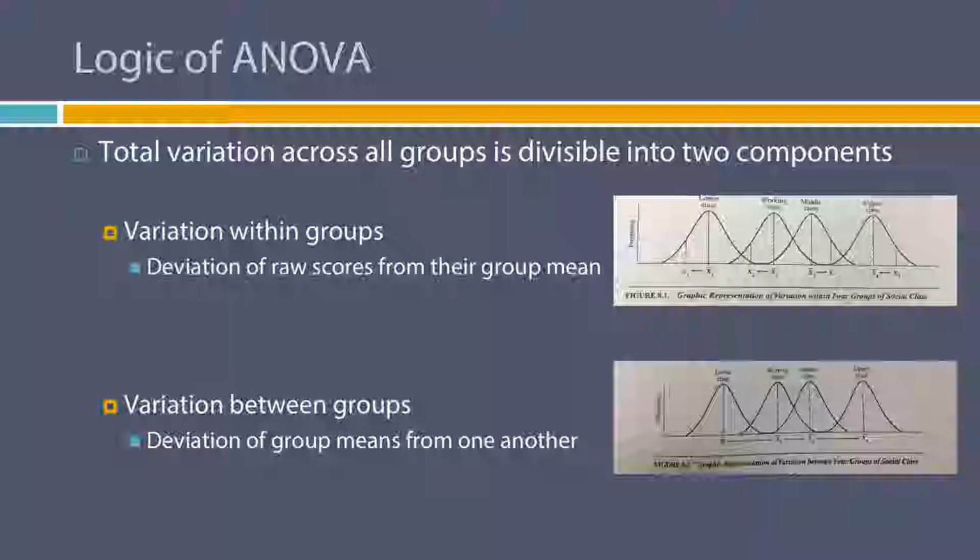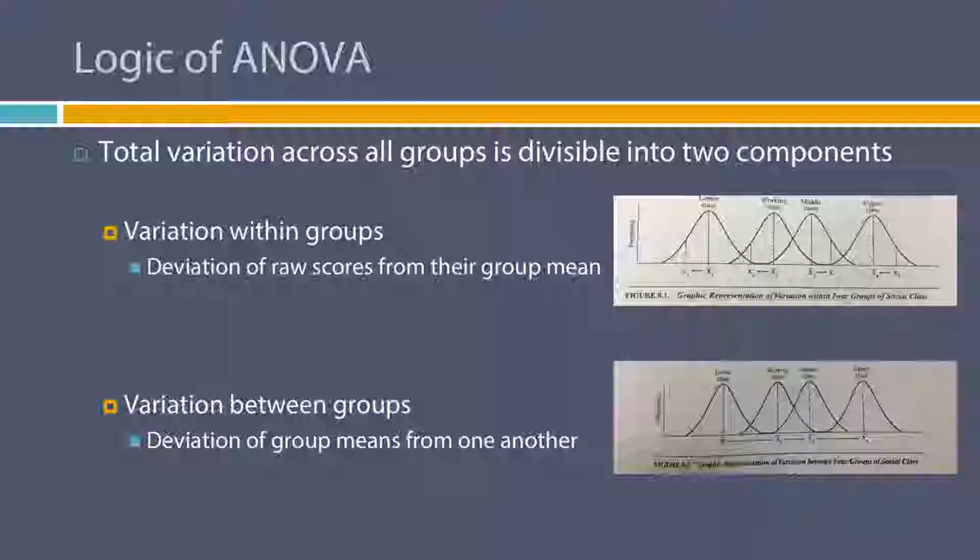We have, in this top figure here, x1, which is the raw score of person 1, and they compare that to the mean. So if we look at this lower class curve on this first figure, we see the mean of lower class, and we see that person 1, or x sub 1, is lower than the mean of group 1.